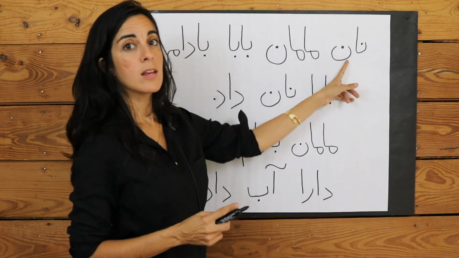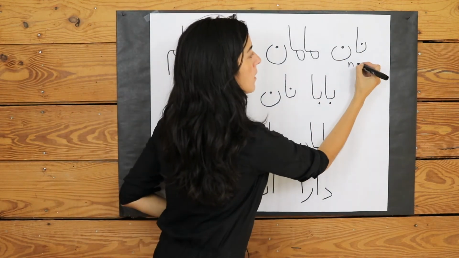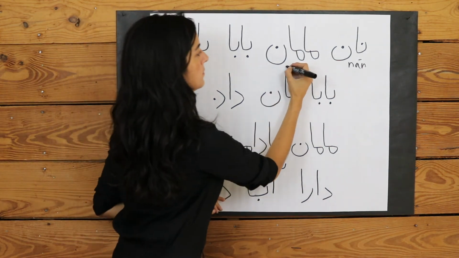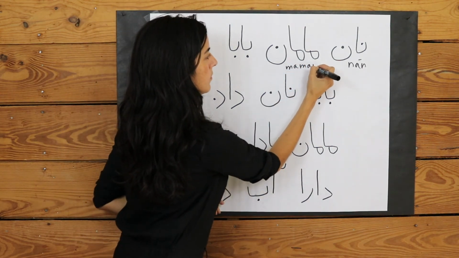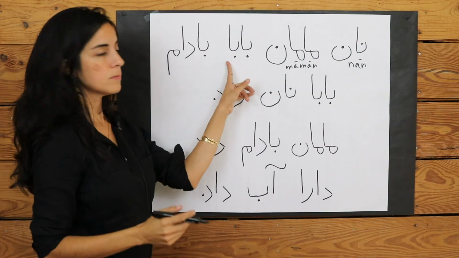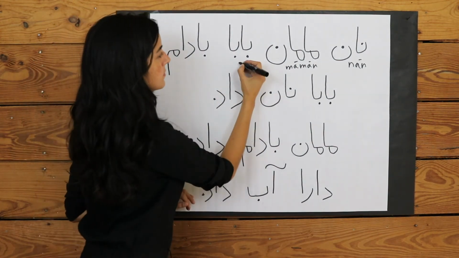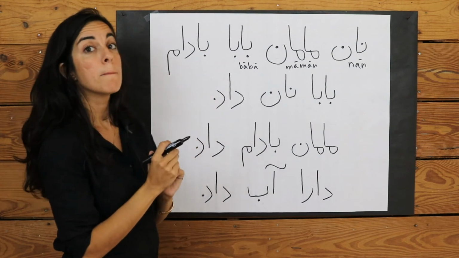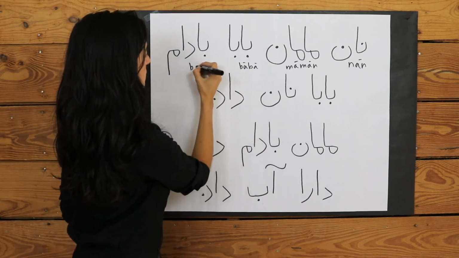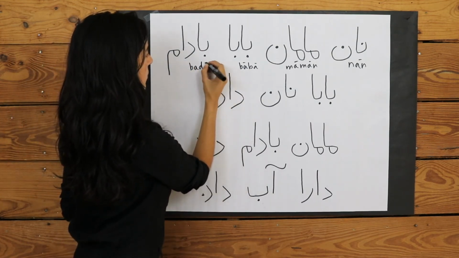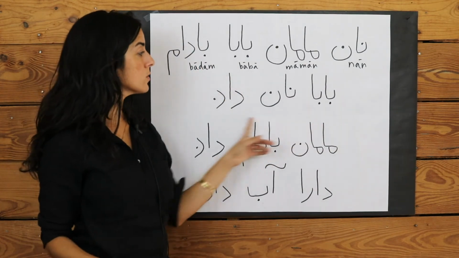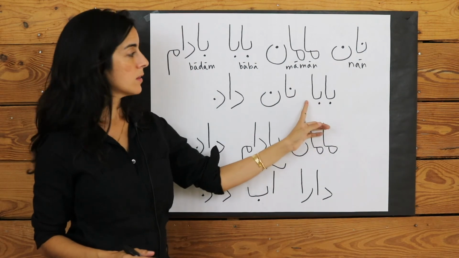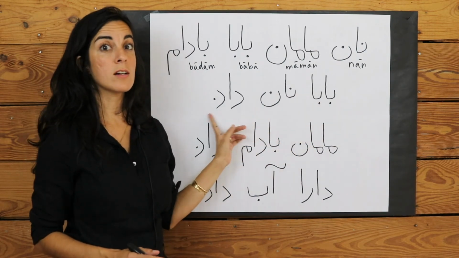So, non, maman, baba, and badam. Now let's read this whole sentence. Baba, nan, dad.